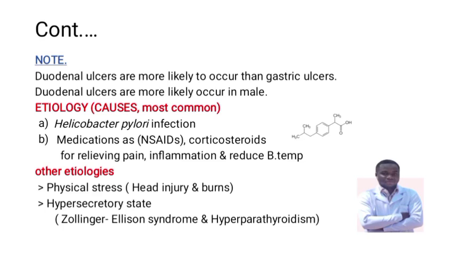Prostaglandin is also involved in vasodilation, increasing the blood flow to the stomach to neutralize the acid. Bicarbonate is an alkali, a base, and therefore helps in neutralizing the hydrochloric acid.